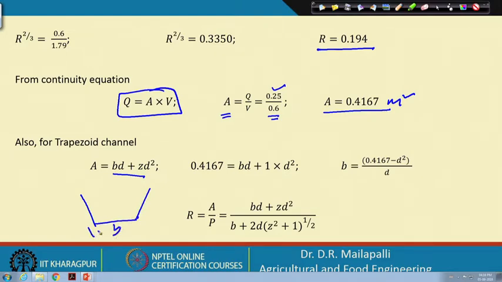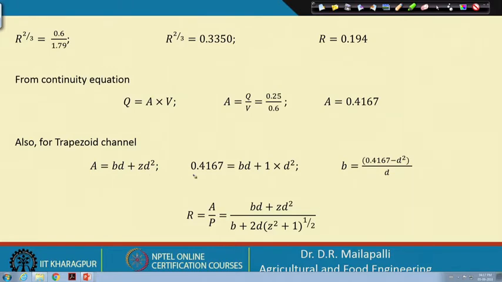This is B, and this is D. So, BD is the rectangular cross section, and half ZD square plus half ZD square, that will be ZD square, because there are two triangles here.